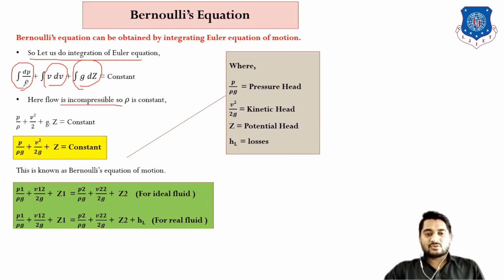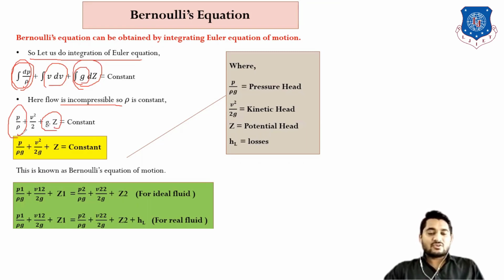So 1 by rho is constant and integration of dP means P. So here P by rho. Now integration of V with respect to dV gives V square by 2, and integration of dz is taken as Z. So P by rho plus V square by 2 plus Z is equal to constant.